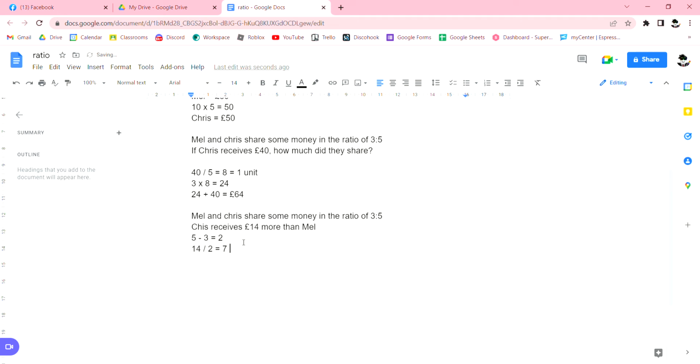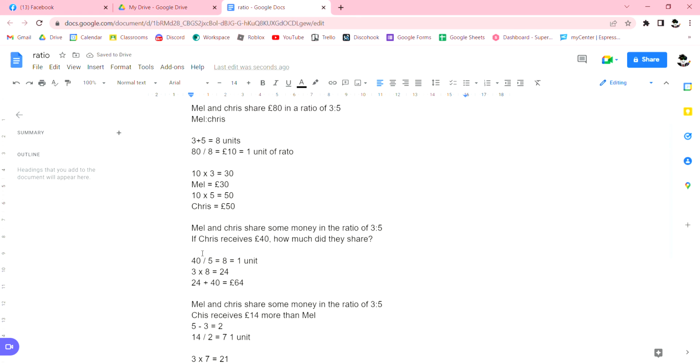So now we know that 1 unit of ratio is 7, because the difference in the ratio is 2, because 3 plus 2 equals 5, and we divide the amount that Chris has more by that to get the £7. And now we can just figure out how much Mel receives. She has 3 units, so 3 times 7, 21, and we know that Mel receives £21. Okay, and that's the basics of ratio.